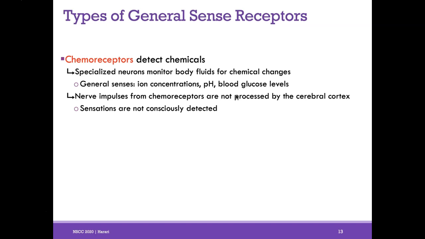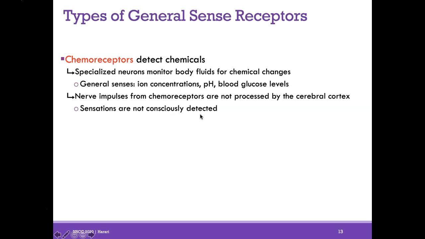And these nerve impulses from the chemoreceptors are not processed by the cerebral cortex right away. Right? We're never aware of pH until the doctor tells us that we have a pH problem with our blood. We're not aware of a lot of the chemoreceptors. So the nerve impulses from chemoreceptors in our body are not processed by the cerebral cortex.